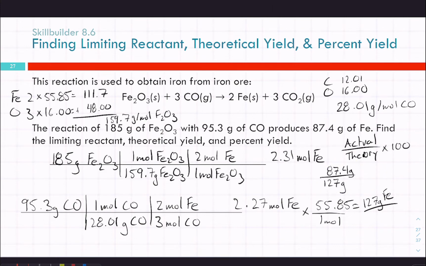So 87.4 divided by 127 will give us 0.688, but we multiply by 100 also to give us a percent, and it'll be the percent yield. It'll be 68.9%.